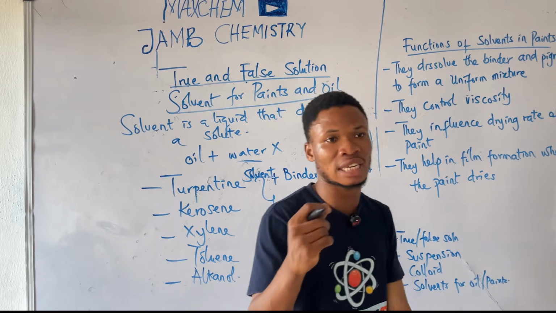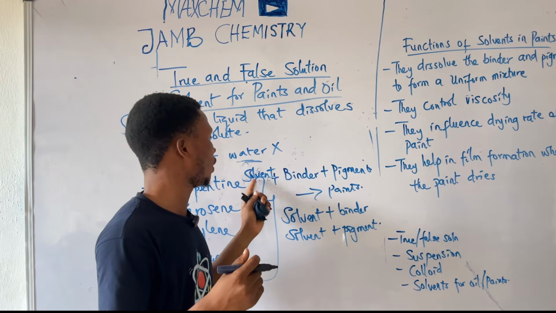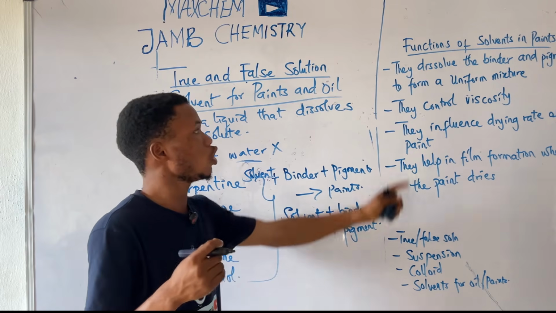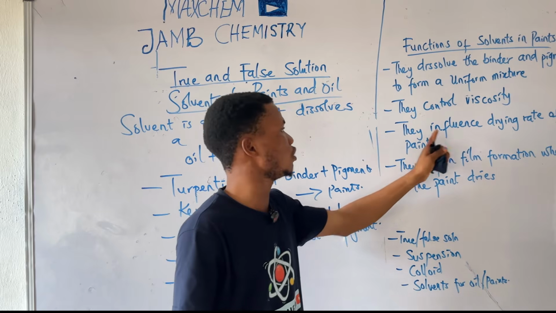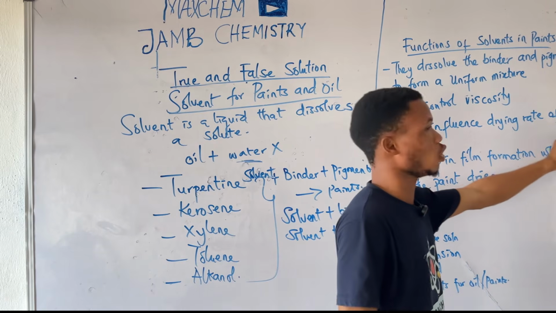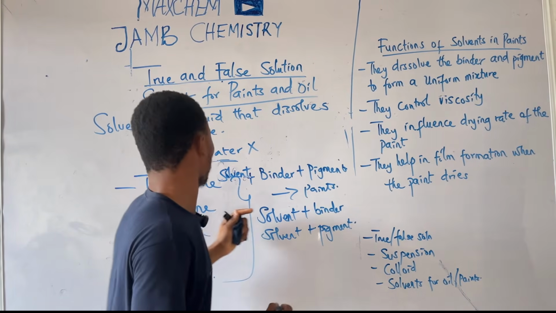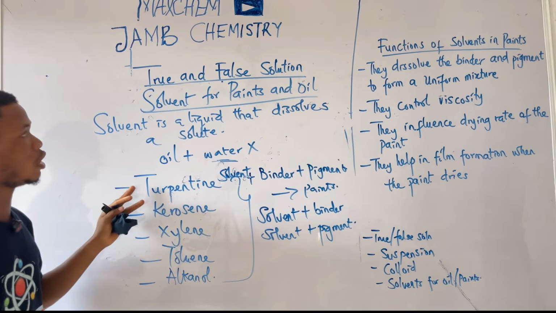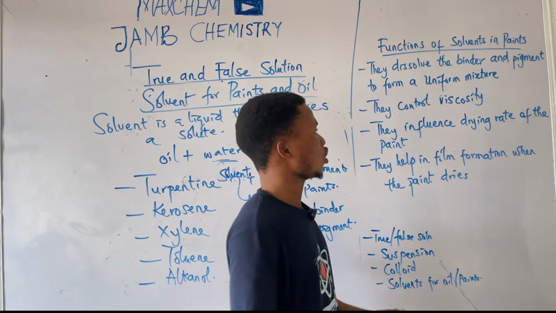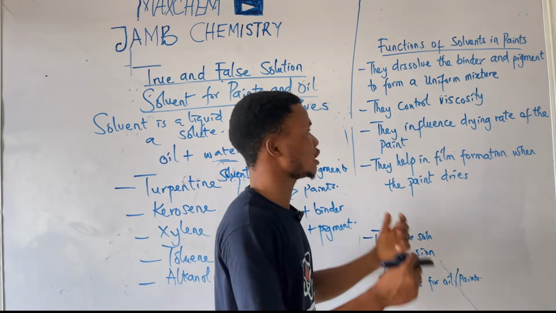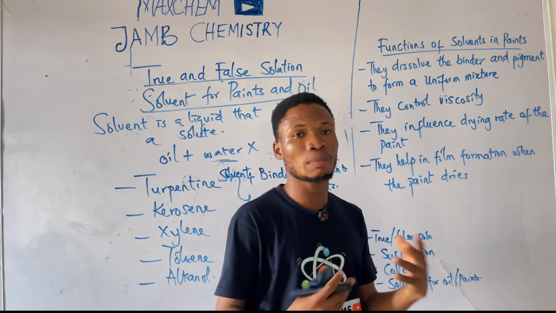Viscosity is how thick your paint is. So these solvents control the viscosity of the paint. The third one is they influence the drying rate of the paint, that is, whether the paint will dry faster or take a longer period to dry.